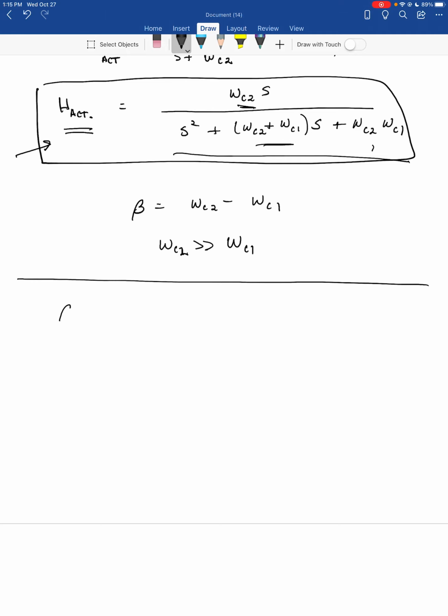You could be given specs on beta and Q. In that case, you would start with your beta and your Q. You would then figure out, this would be for the passive. For the active, you could be given a specification on the bandwidth and on one of the cutoffs. And then you would calculate the other quantities.